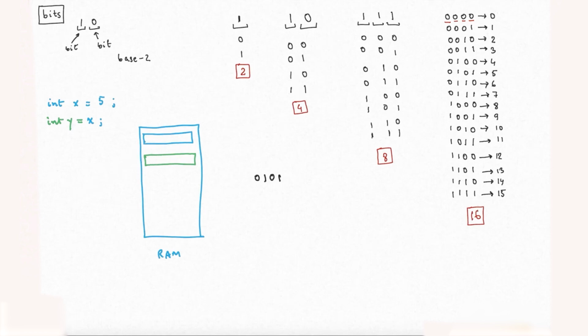So if this memory location had 0101 and then 24 other zeros, then exactly that will be copied to y. And it would be 0101 with 24 other zeros before that because there are 32 bits, right? And all of them would be used. So 24 zeros and then 0101. Exactly what was there in the memory location for x gets copied to the memory location for y.